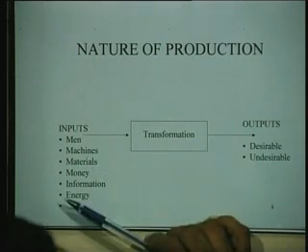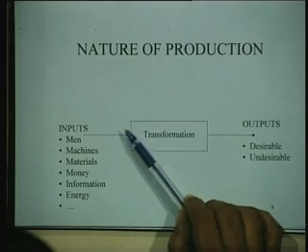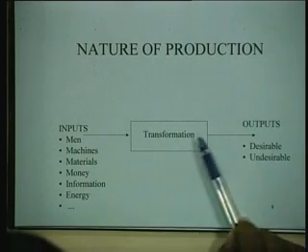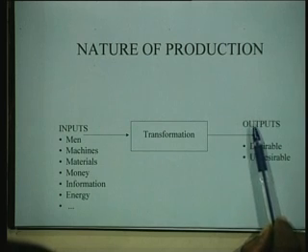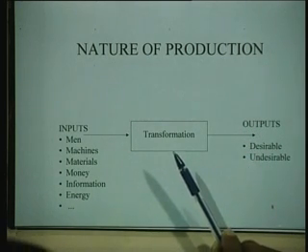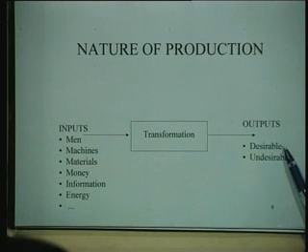And all these inputs would actually be utilized within the activity of transformation, and you would typically get essentially two kinds of outputs from the system. One is the set of what we can call desirable outputs from the system, which is what you design to or you expected the system to give you.